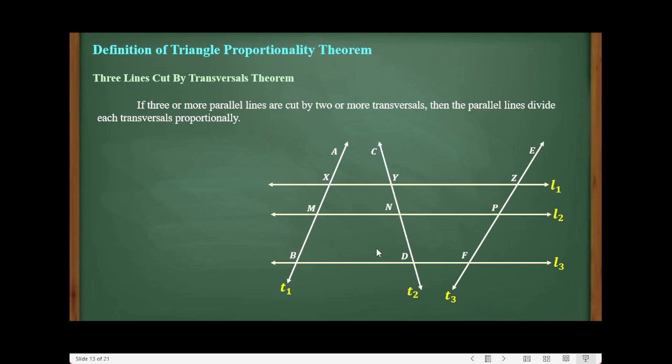Now, three parallel lines cutting three transversals. As you can see from the illustration, the number of intersections is 9.